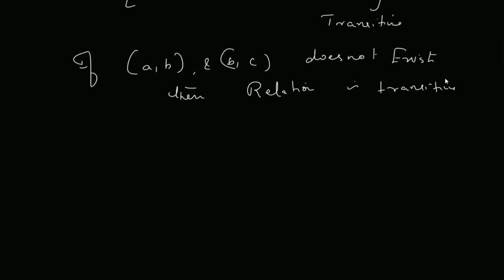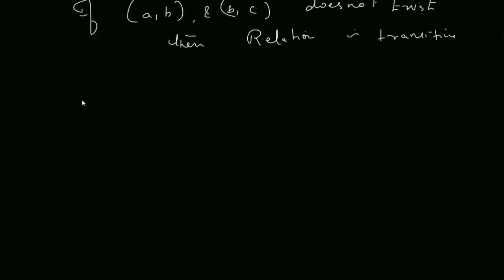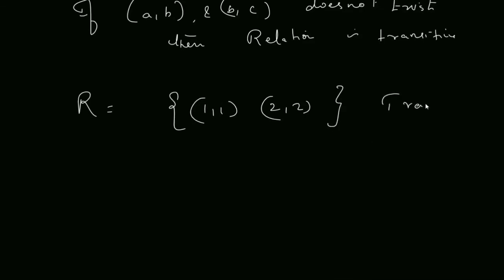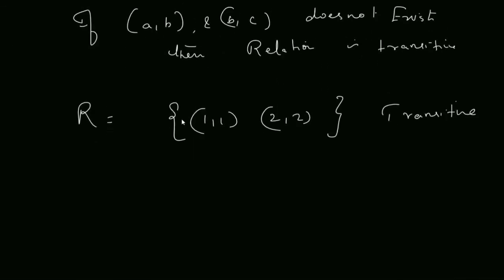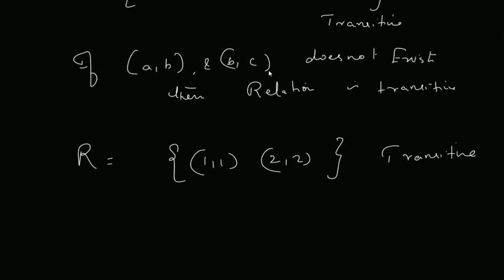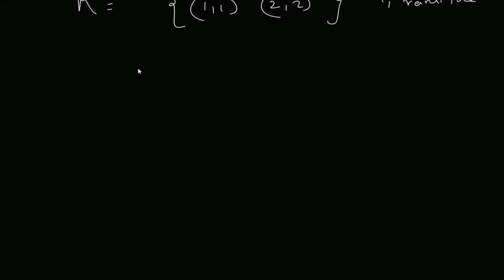So if this hypothesis doesn't exist, we call it transitive. Suppose you take (1, 1), (2, 2), is it transitive? Transitive. So it's very important. This only is getting confused with the students. This concept should be very clear. If the condition is not there in that relation, then you need not check for the other condition (a, c). So that is called transitive.